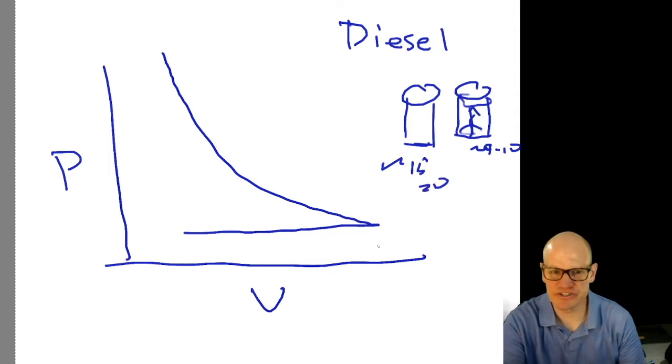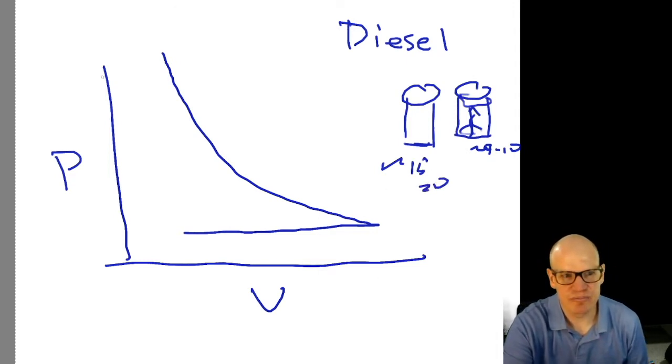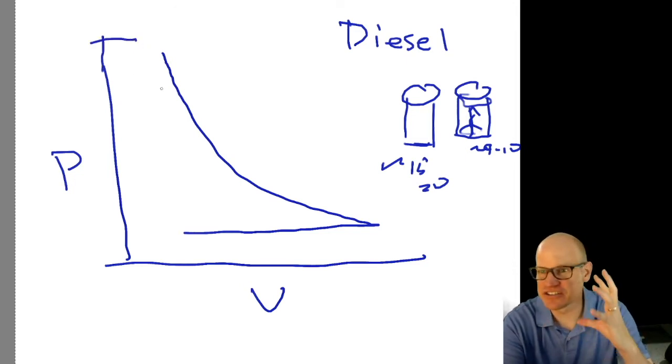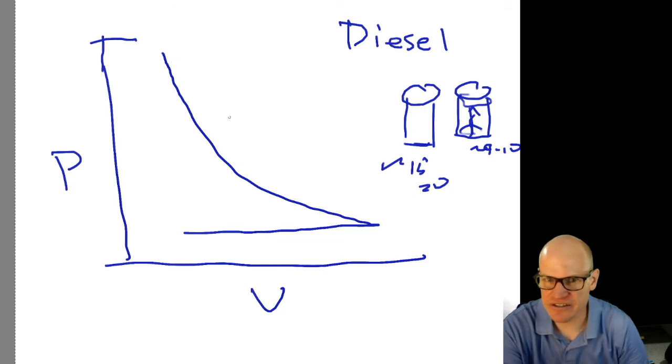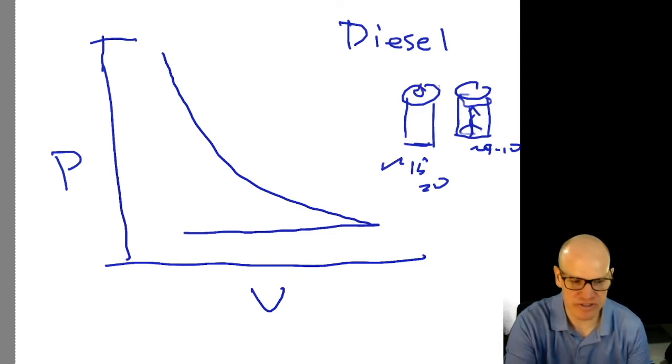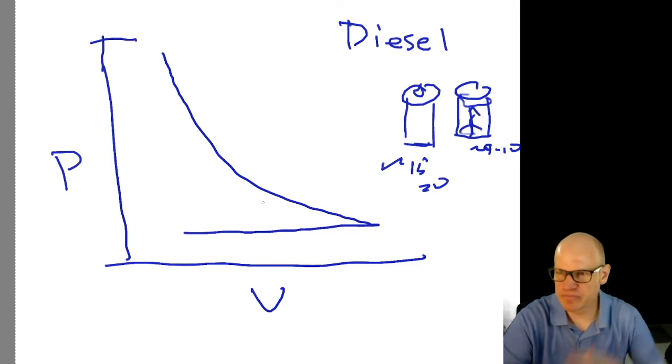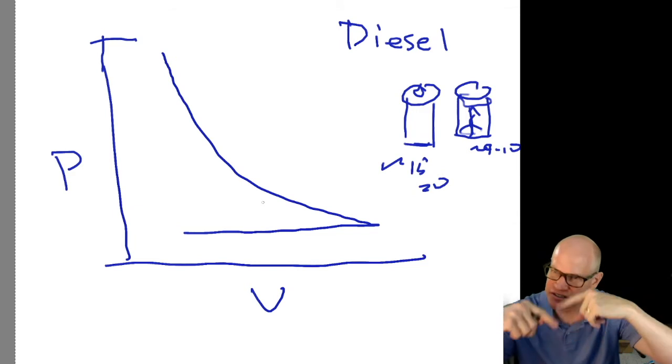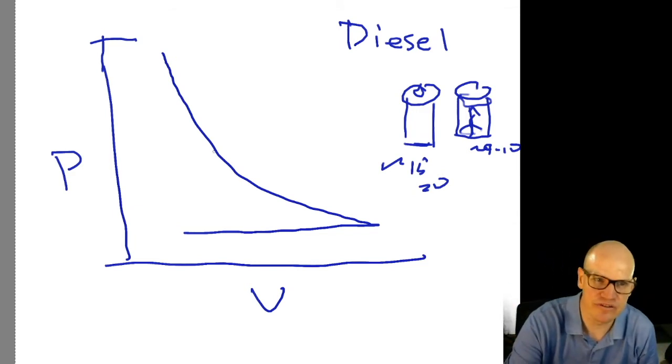So you have a higher compression ratio, which means that the pressure at the end of the compression is a lot higher, and as a consequence, the temperature of the gas is a lot higher. And so you don't need a spark plug. You have a glow plug that contributes a little bit, but you don't have a spark plug that sets off the burning process. The compression ratio is sufficient to ignite the fuel.